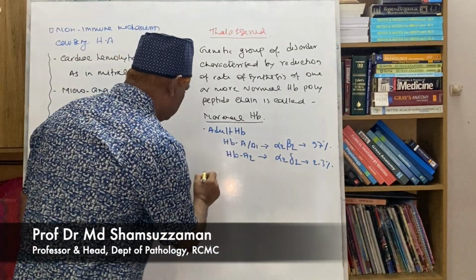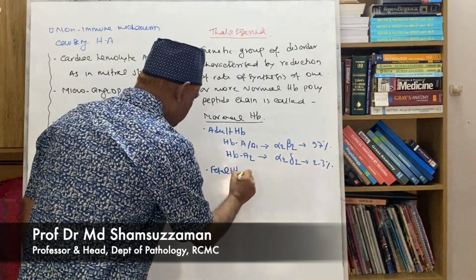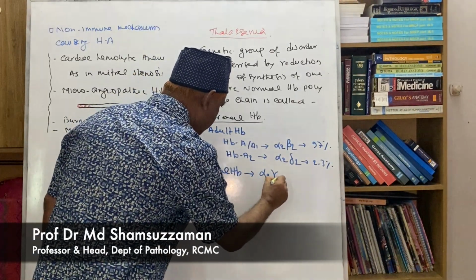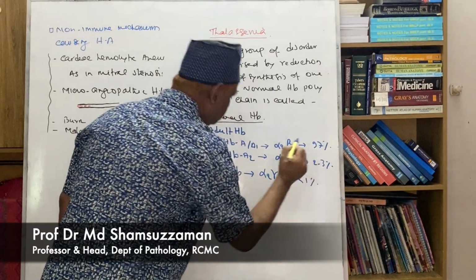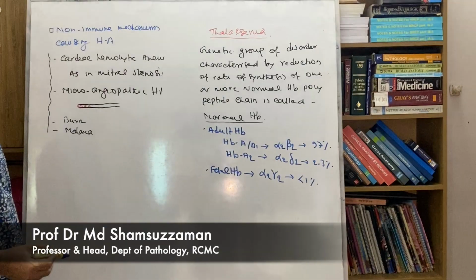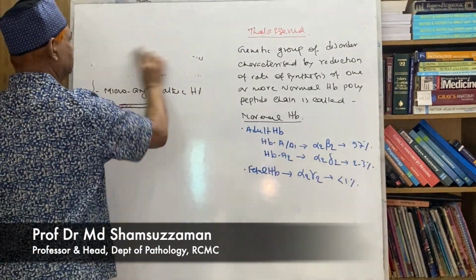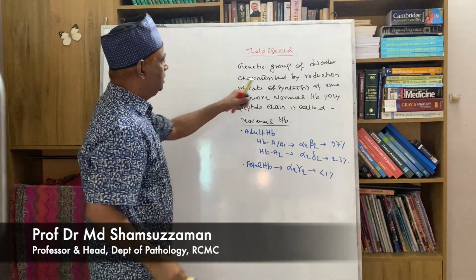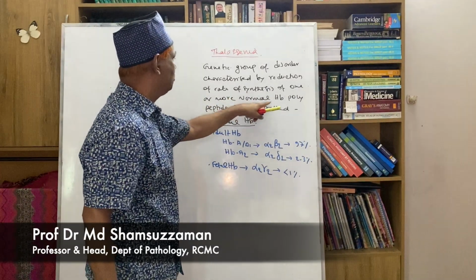And another normal hemoglobin is fetal hemoglobin, and it is alpha 2 and gamma 2. It is less than 1%. So these are the normal hemoglobins present in our body. By definition, reduction of rate of synthesis of one or more normal hemoglobin polypeptide chains.